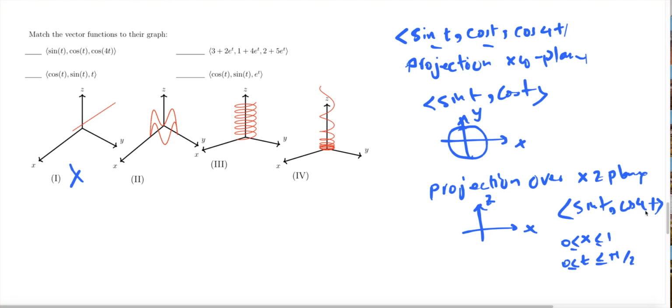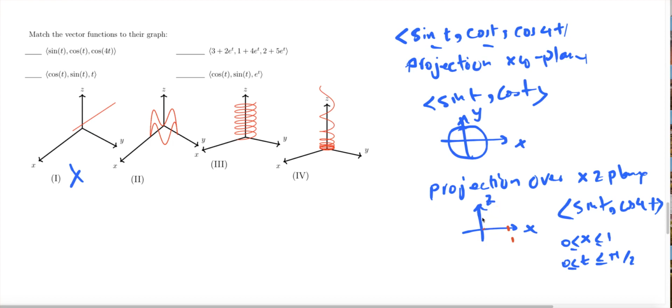Cosine of 4t is going to go from 1 back to 1. So one complete change is what happens to it. At 0, it's 1.